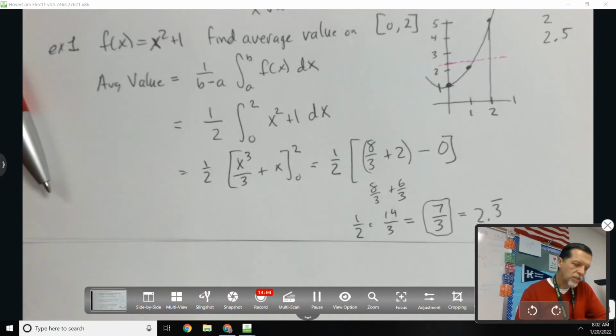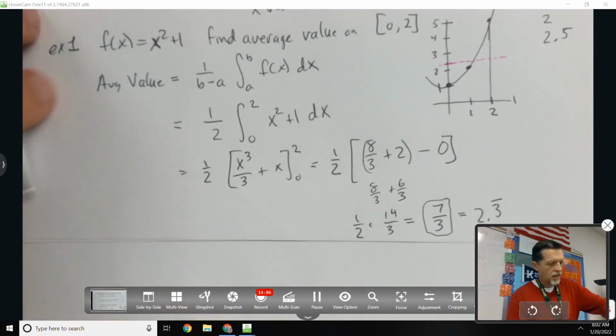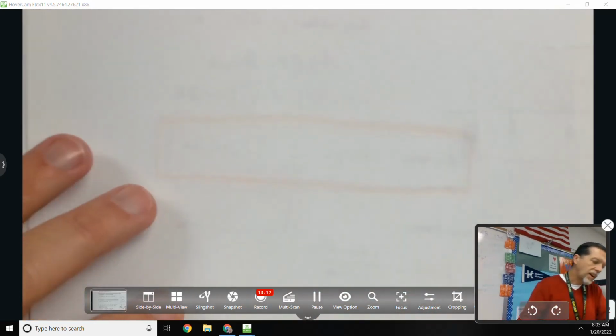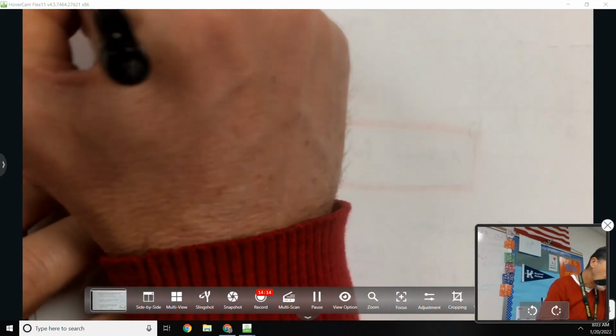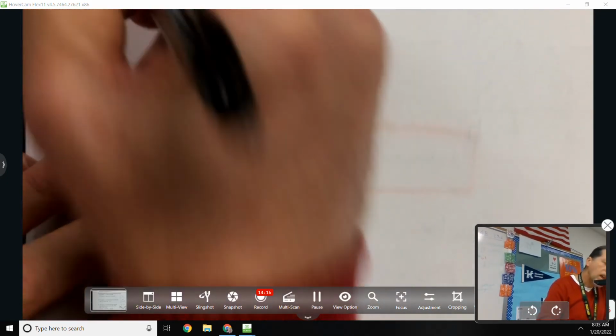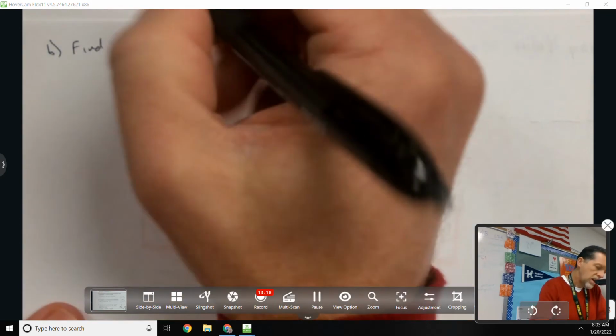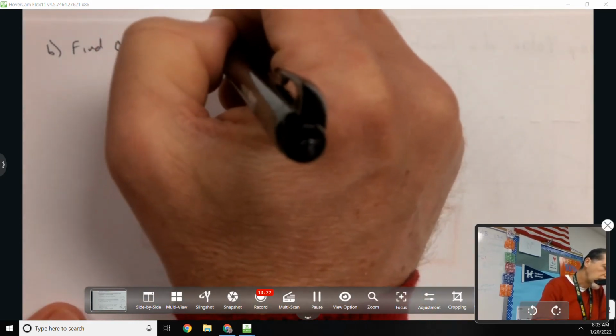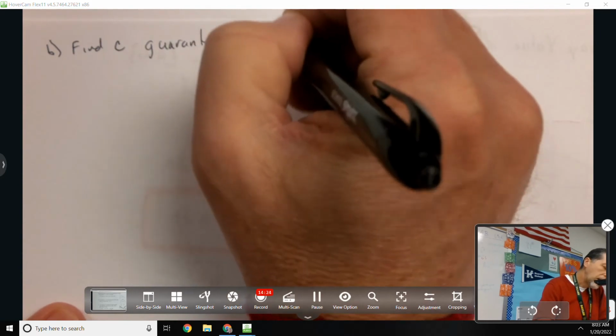And the next question, I hope you don't have to, but the next question is always find C guaranteed by the mean value theorem. Guaranteed by MVT.